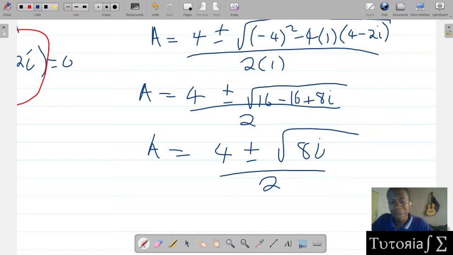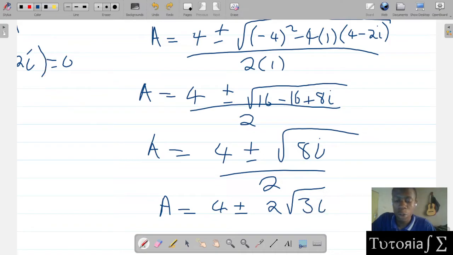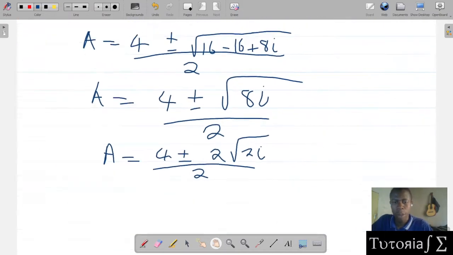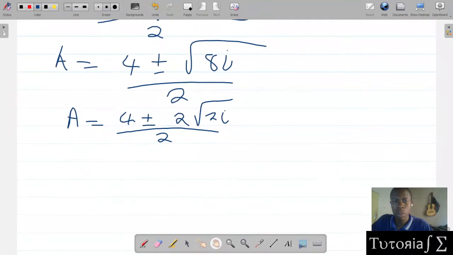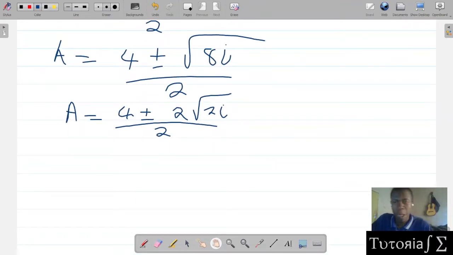So we can further simplify this as A being equal to 4 plus or minus 2 root of, is it like that? 2 root of 2, is it? So this is 2 root of 2i all over 2. Yes, all over 2.